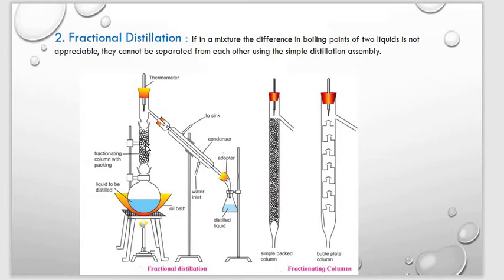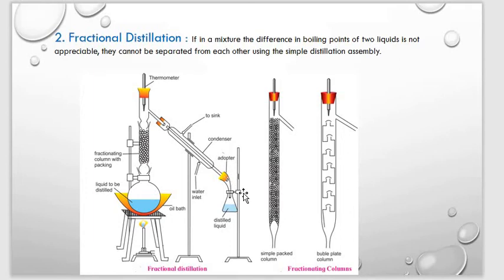Vapors of B will condense rapidly and come back to the distillation flask, whereas vapors of A will move on and get condensed in the condenser, cool down and be collected in the receiver flask.